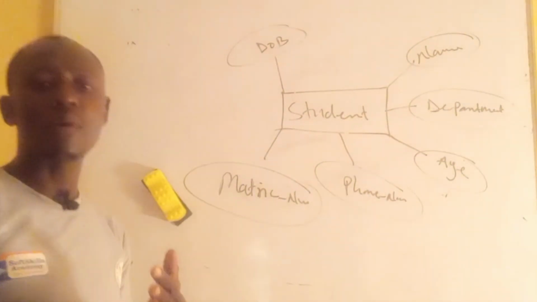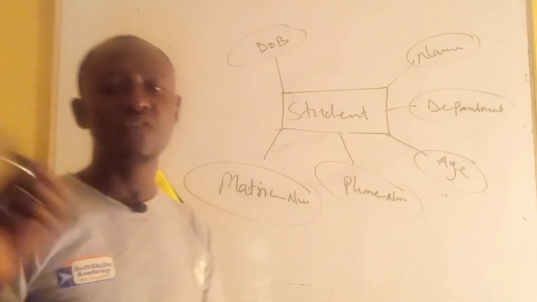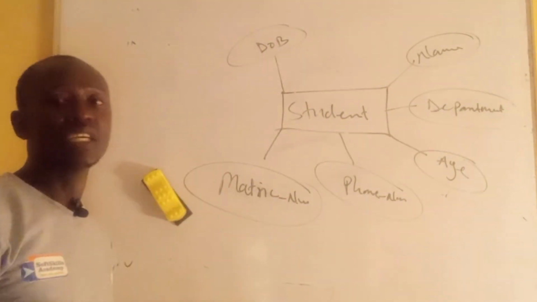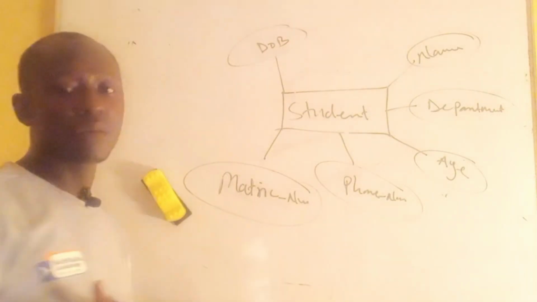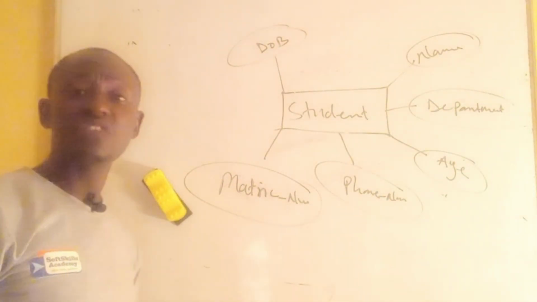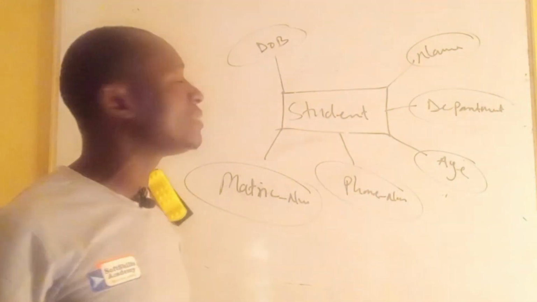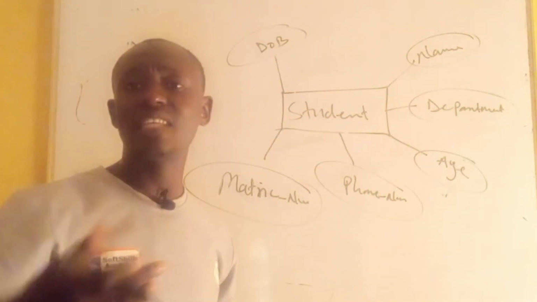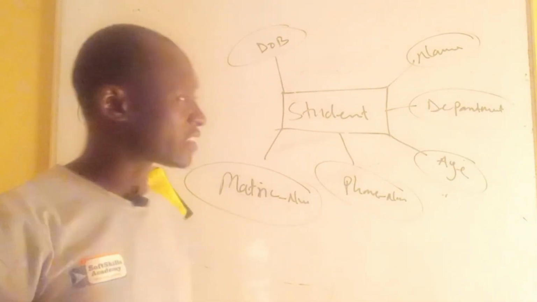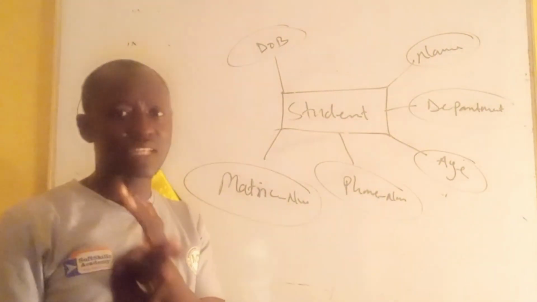So when we talk about a simple attribute, these simple attributes are attributes that cannot be further divided into sub attributes. And the composite attributes are attributes that you can further divide into some attributes. You get this? The simple attribute and the composite attribute.